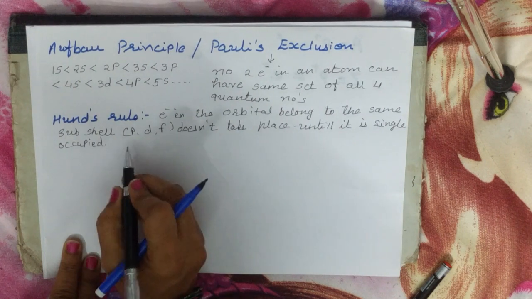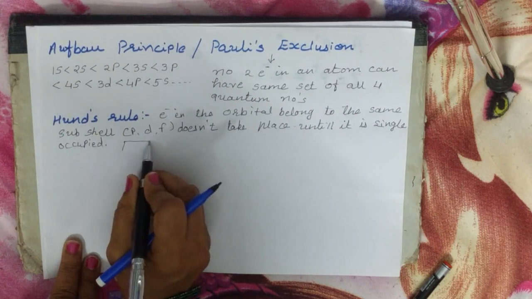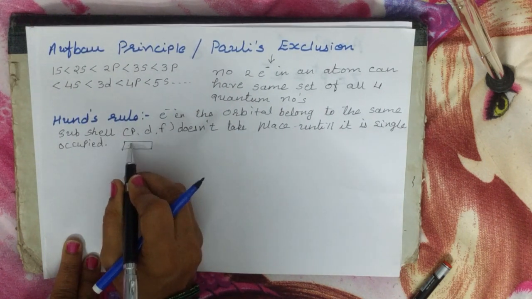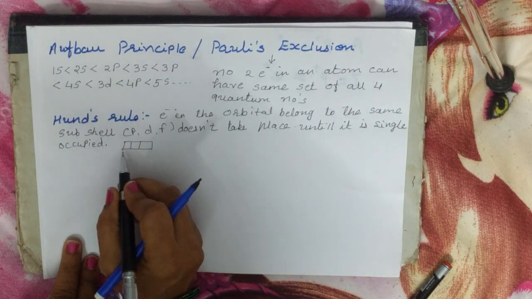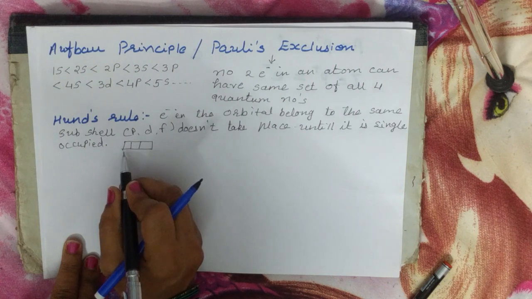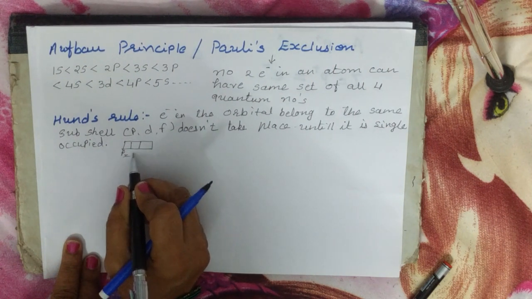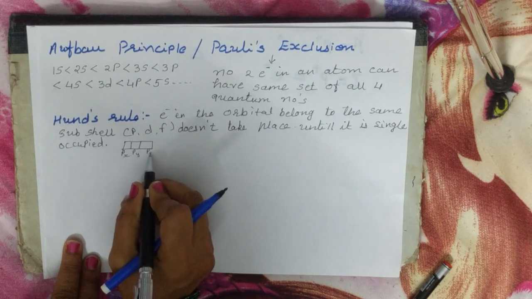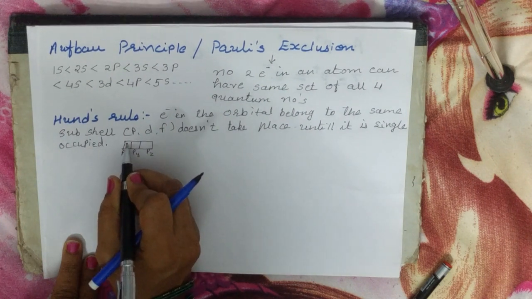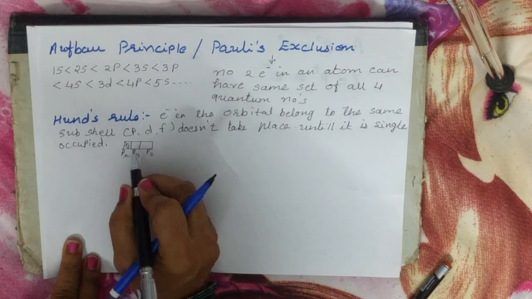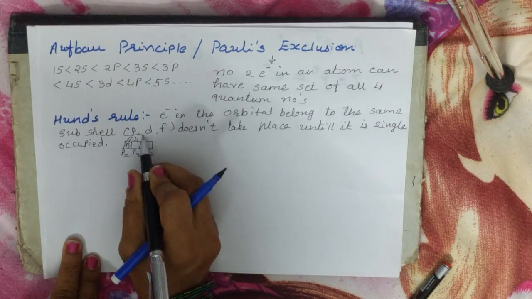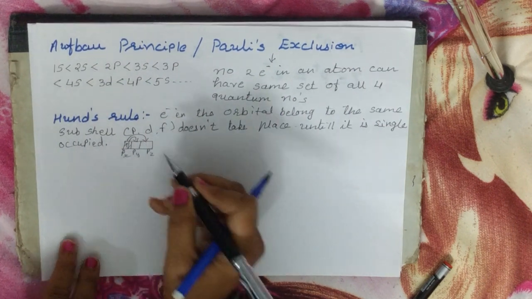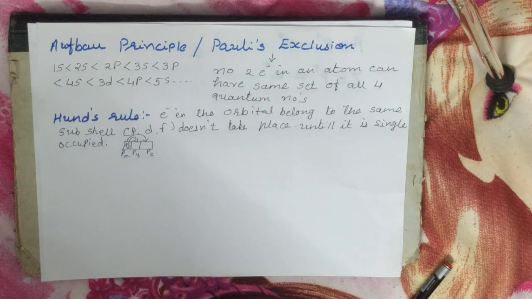Means here you know that P has 3 suborbitals, so for the p subshell we have px, py and pz. Here pairing is not possible until and unless all 3 p suborbitals are singly filled. That is the meaning of this statement.